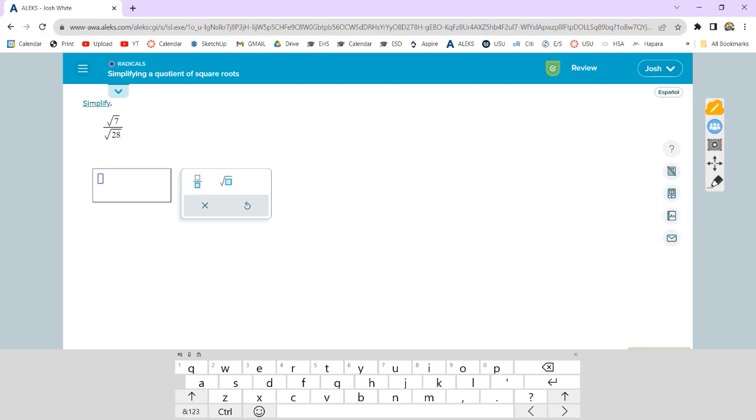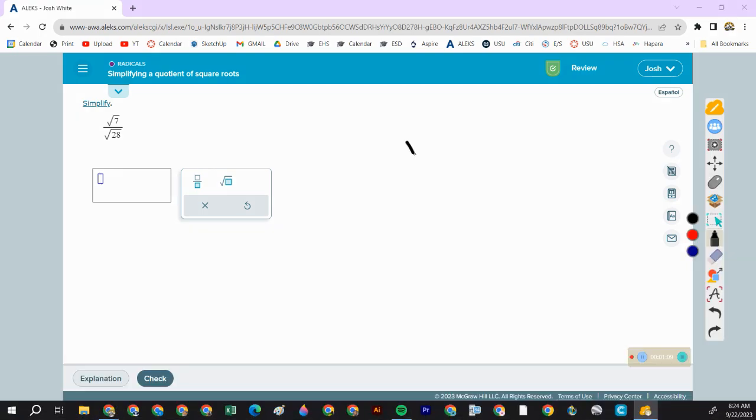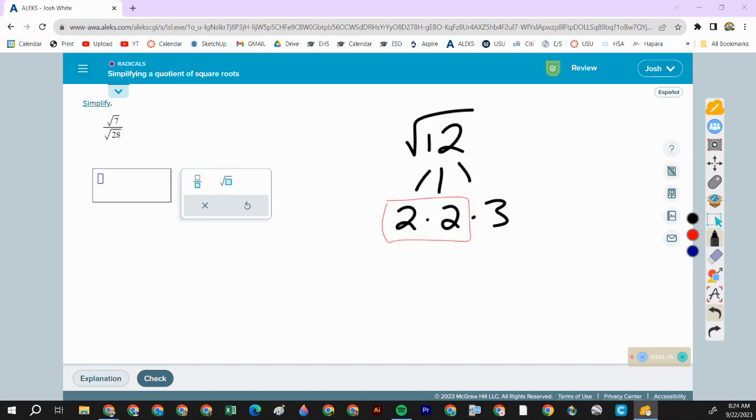For instance, if we have the square root of 12, we have decided that we need to simplify that by factoring it down. 2 times 2 times 3. And how do we simplify this? We look for pairs, and we pull those pairs out of the root, and we get 2 root 3.